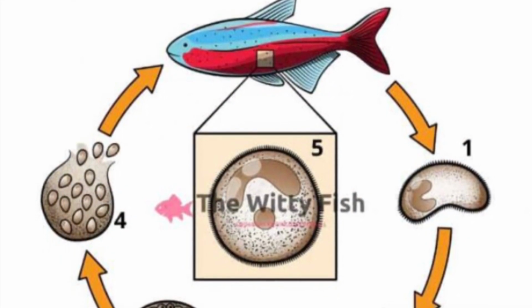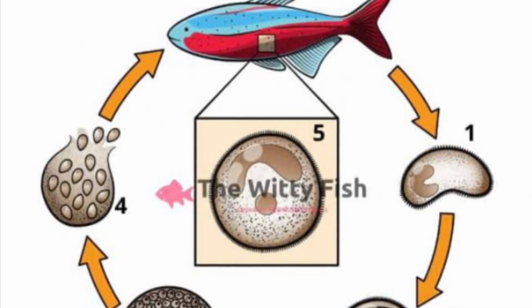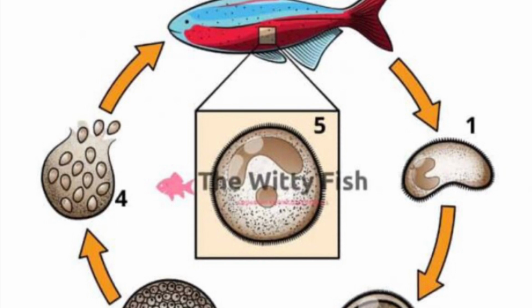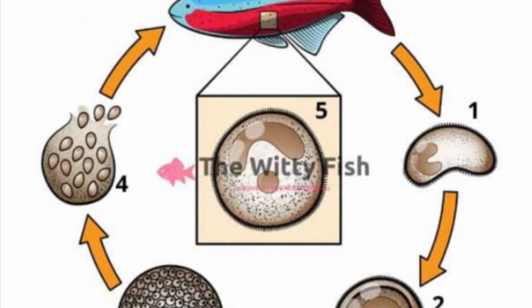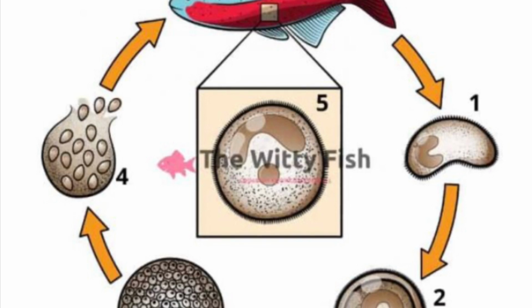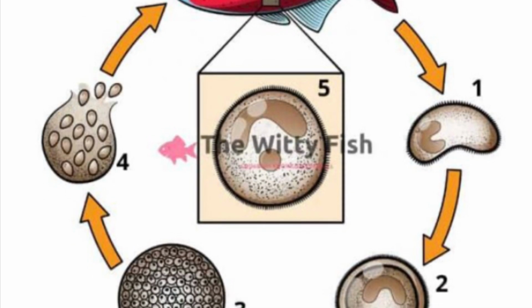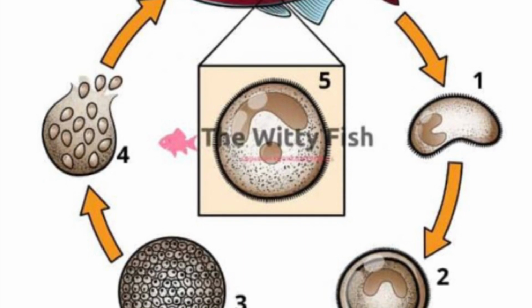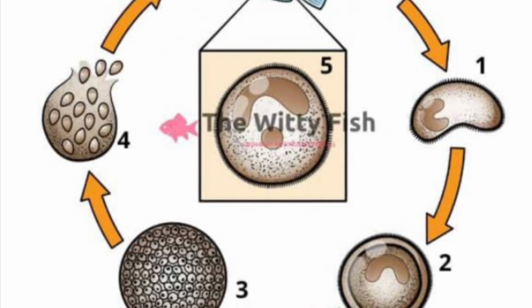Inside the cyst, the ick cell starts dividing rapidly until there are over 1,000 parasites inside the cyst. Once it has finished replicating, the cyst breaks open to release the free-swimming parasites, which have to find a host fish within 48 hours. Once inside the fish, the parasite grows to 1 mm in size while feeding on the host and damaging it and weakening it.